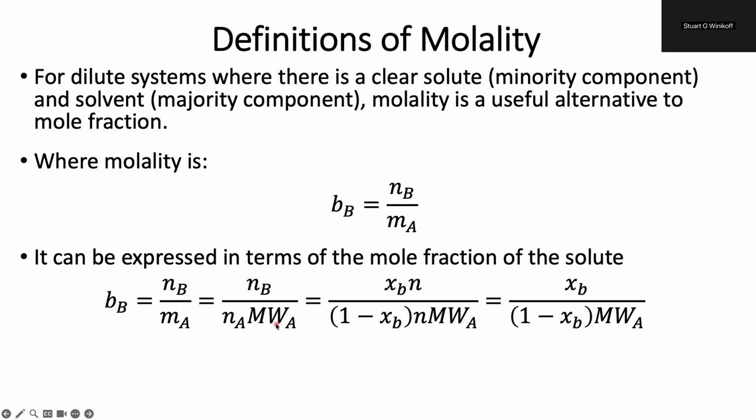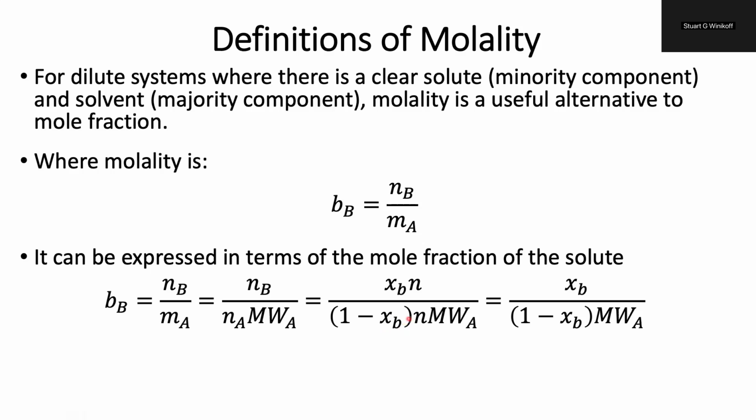Well, it turns out that I can also define the moles of solute or solvent based on the respective mole fraction times the total number of moles. So the moles of solute are just going to be mole fraction of solute times total moles. And I can do the moles of solvent based on the mole fraction of solvent, which is just 1 minus the mole fraction of solute because they add up to 1 for a two-component system, times total moles.